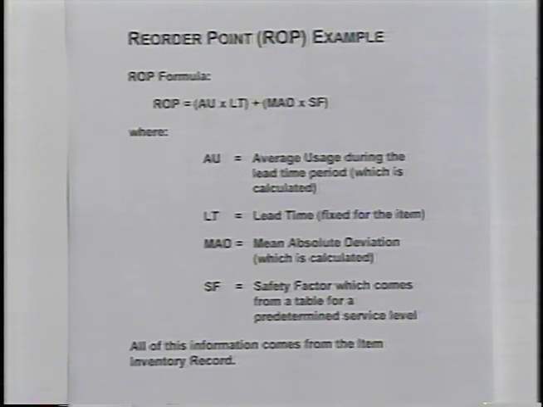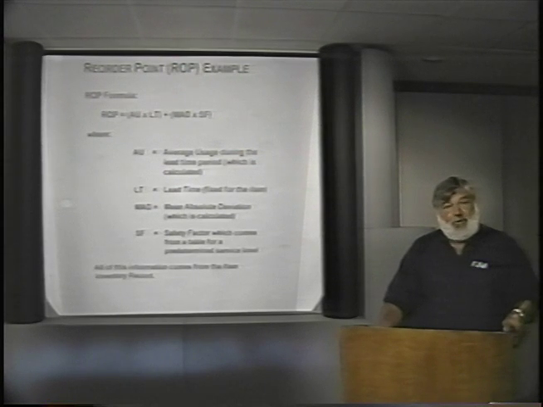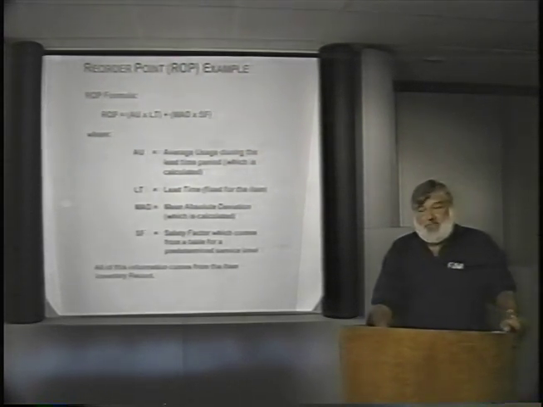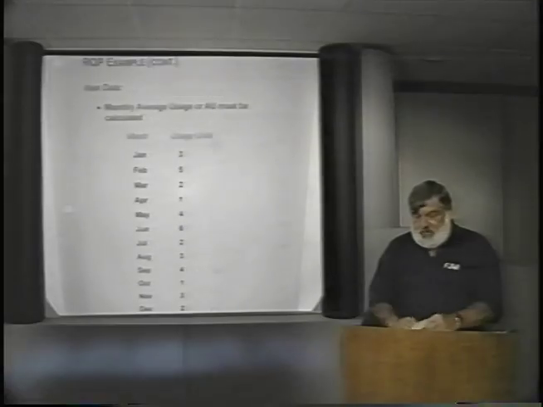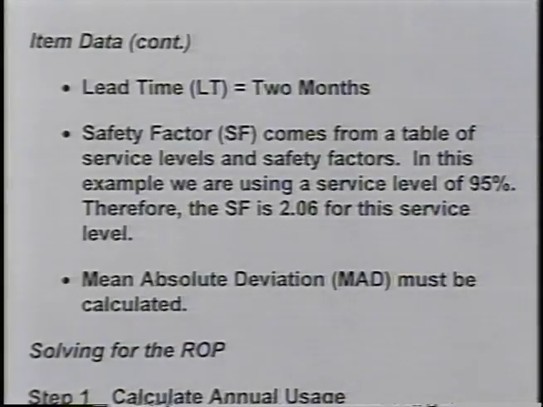And if you turn to page 11D, we're going to look at some data requirements where, first of all, we're looking at an annual usage by month, starting off with the month of January through December. So these are summarized usages by month. And if you turn the page to 11E, you'll also notice that the lead time is 2 months.